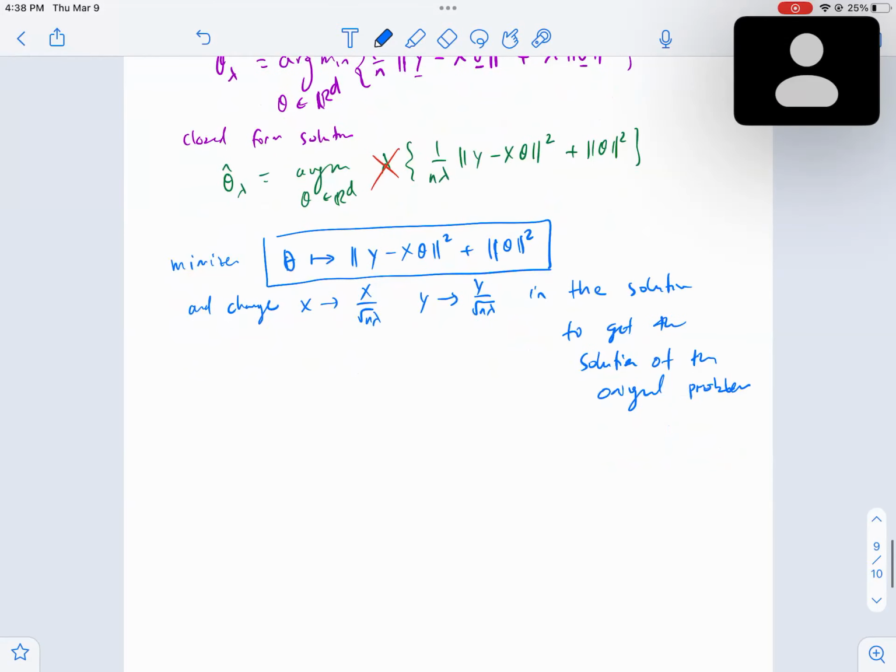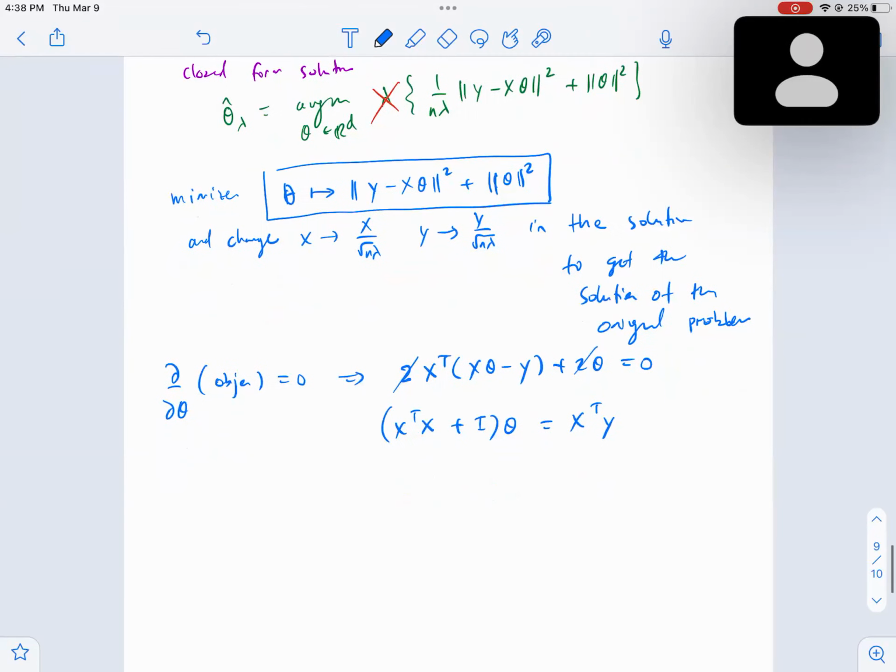Setting the derivative of the objective equal to 0, the derivative would be, if you believe me, x transpose (x theta minus y) plus theta is equal to 0. That would be (x transpose x plus I) times theta. I can drop the 2's and move the other side, x transpose y. And then I get that theta is equal to (x transpose x plus I) inverse x transpose y.